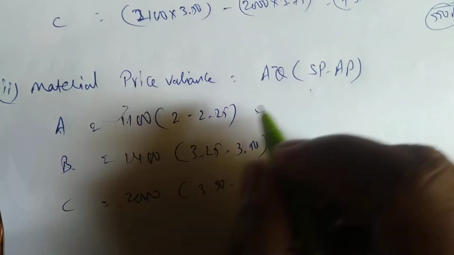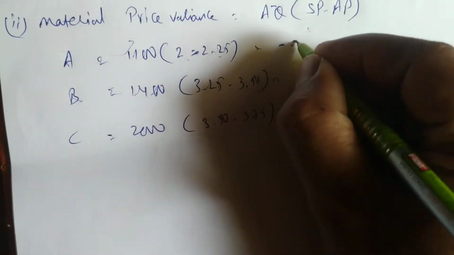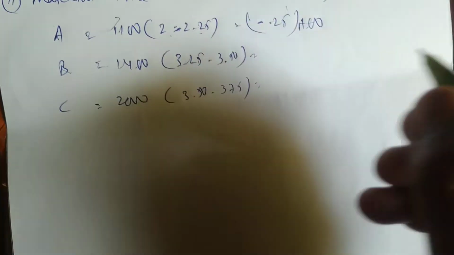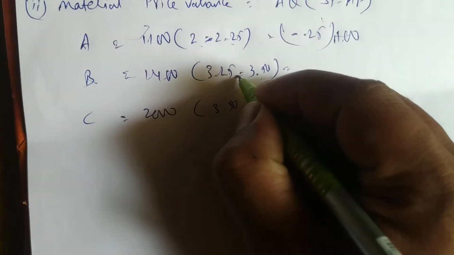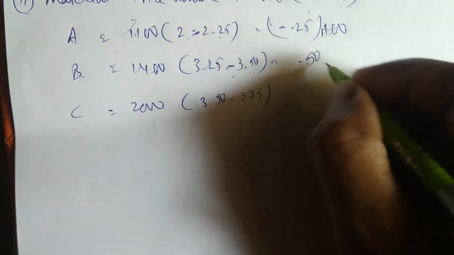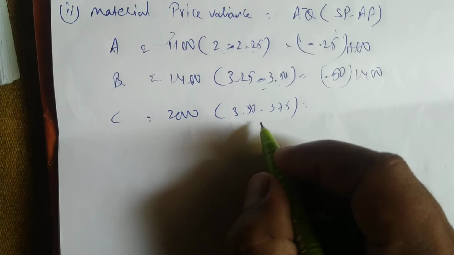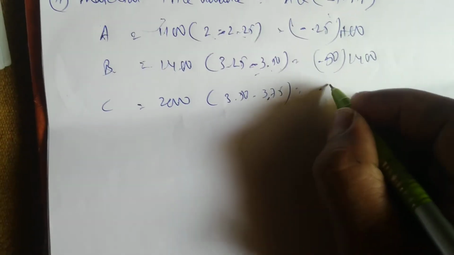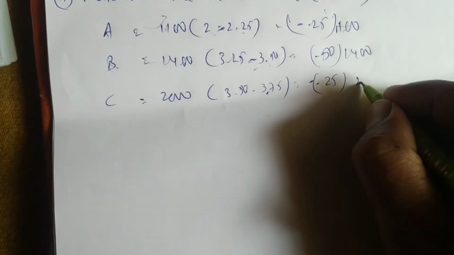So we get minus 0.25. 2 minus 2.25, so we get minus 0.25. Multiply this with 1100. Okay. So 3.25 minus 3.50, so we get minus 0.25. Multiply with this 1400. 3.50 minus 3.75, so we get minus 0.25. Multiply this with 2000.